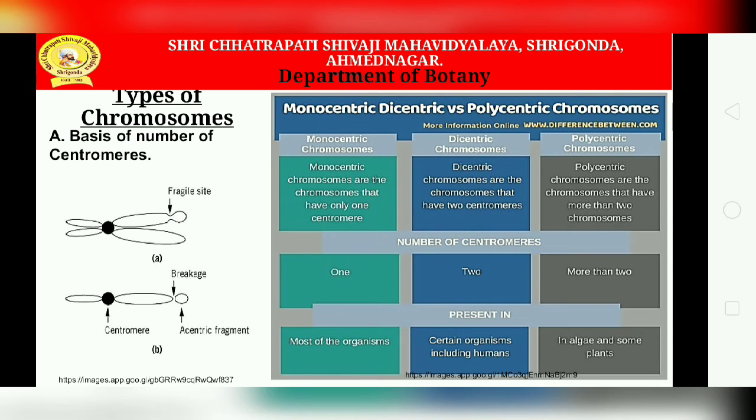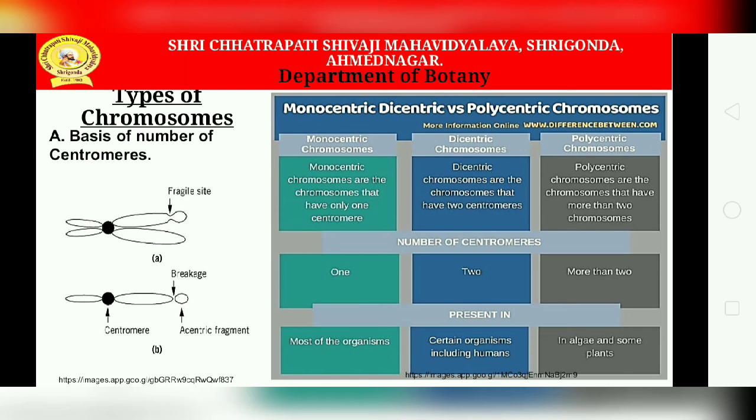Another type is diffused, or non-localized centromeres, which are distributed throughout the length of the chromosome. The microtubules of spindle fibers are attached to the chromosome arms at many points. Diffused centromeres are found in insects, some algae, and some groups of plants.